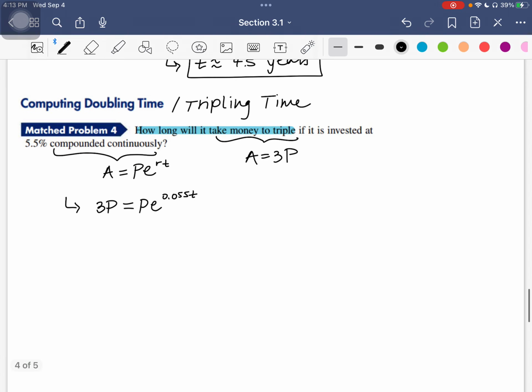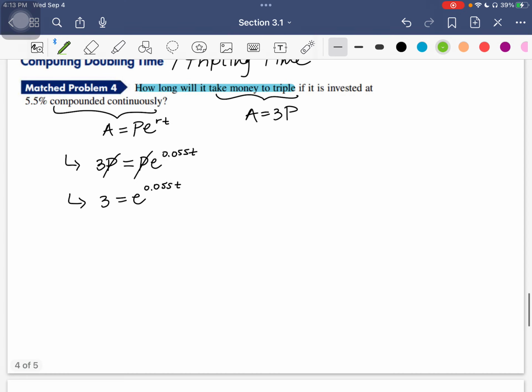All right, now the P's on both sides here cancel, so we're left with 3 is equal to e to the 0.055 times t. And then we can do the same thing we did in the previous example to use the fact that ln and e are inverses.